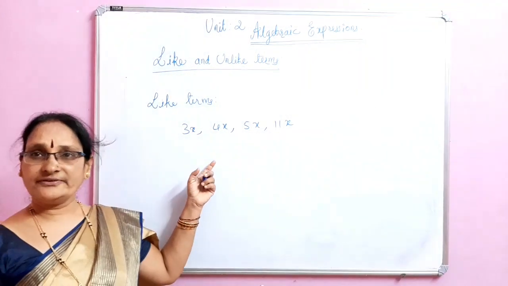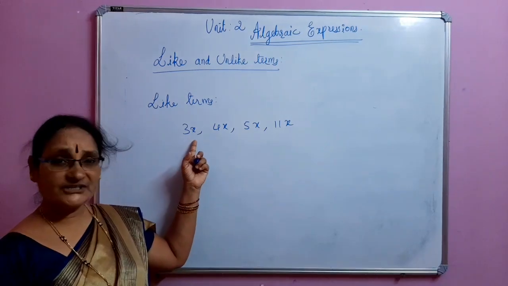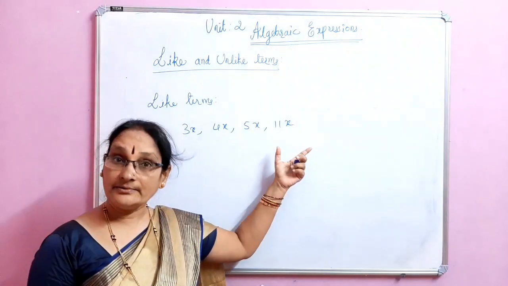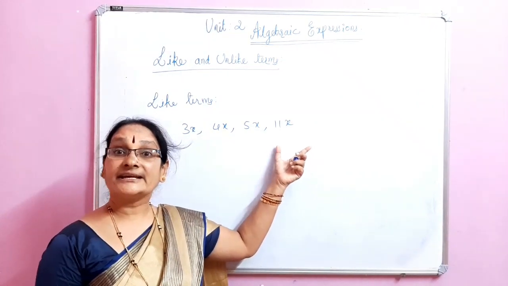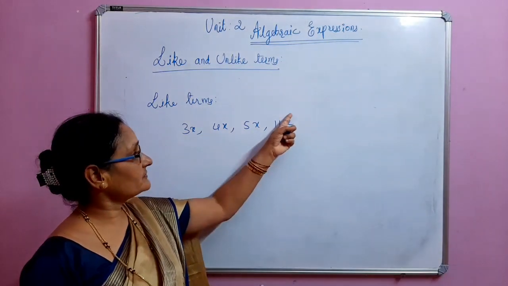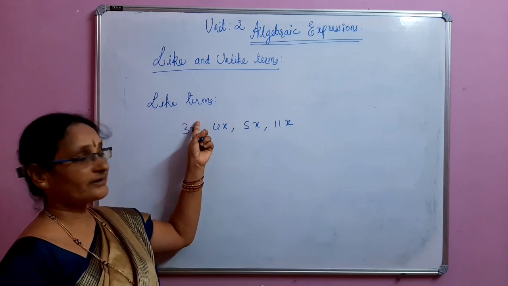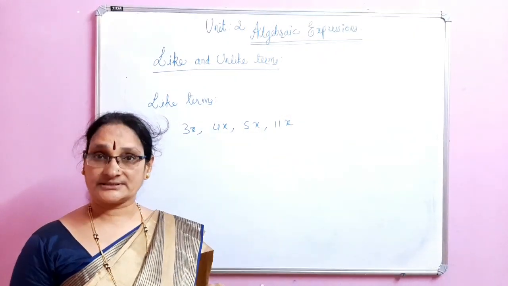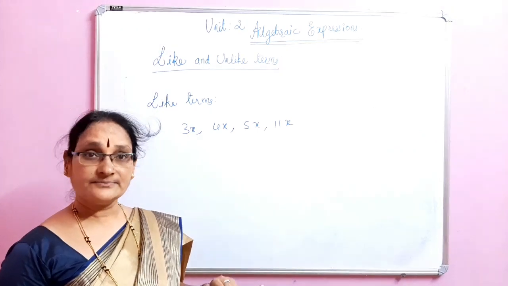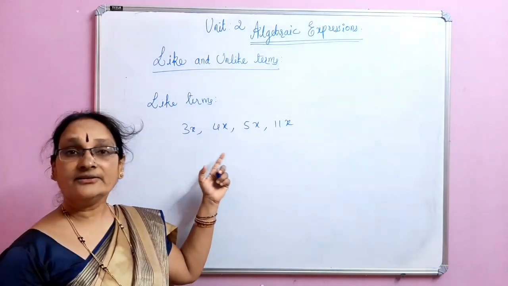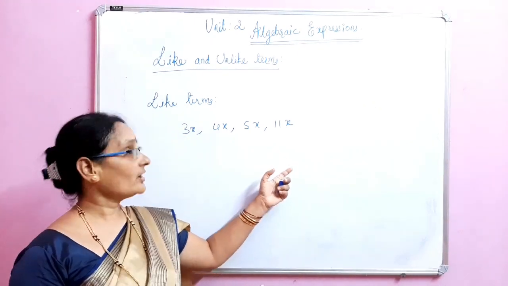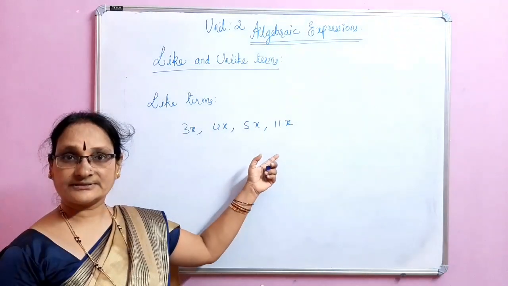You just observe the variable here. In each term, variable is same, x. Same variable with same power. Here power is 1, power is 1, power is 1, power is 1. So these all are called like terms. So what are the like terms? Terms with same variable with same exponent are called like terms.